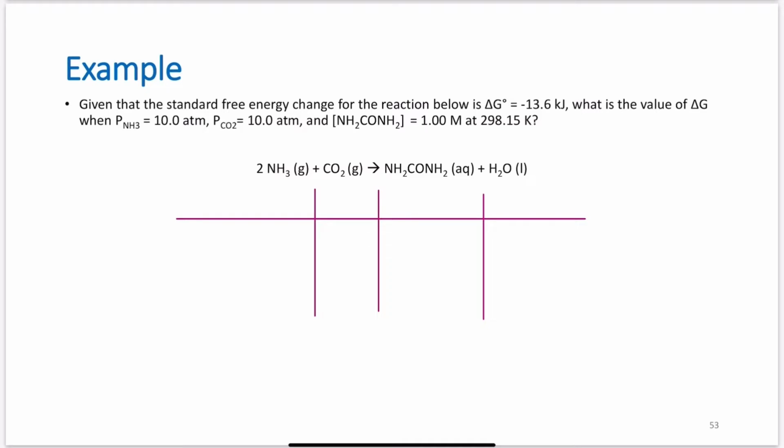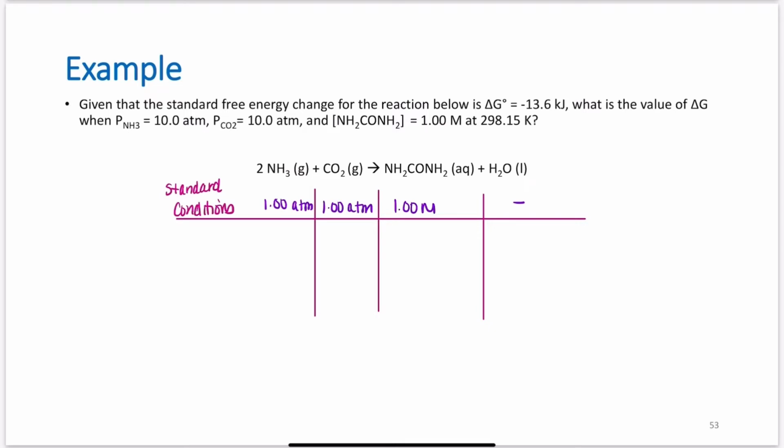Under standard conditions, all gases would be at 1 atmosphere, my solutes would be at 1 molar, and solids and liquids would be in their pure form and do not affect the system.